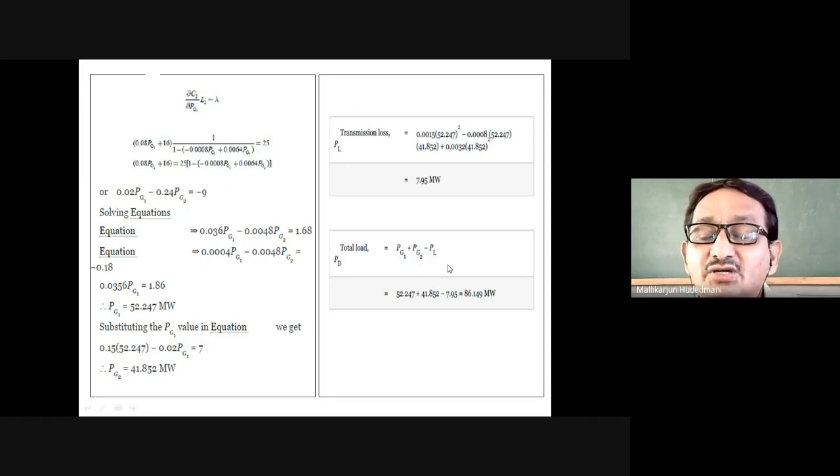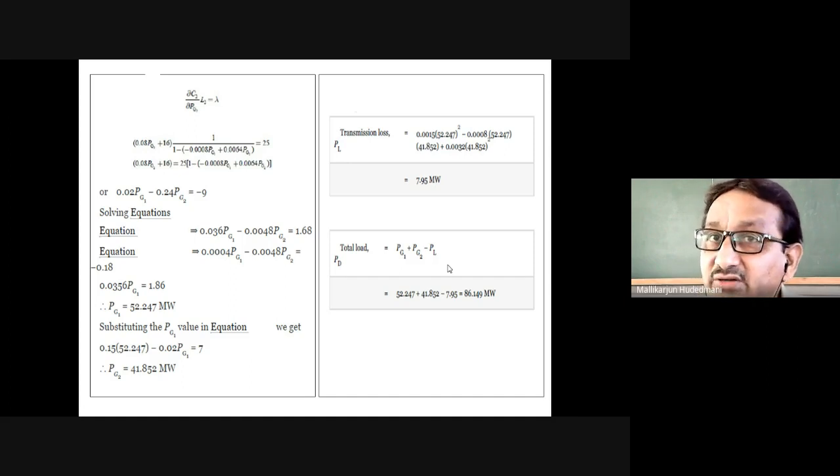This is the ideal situation. When economic scheduling was worked out by the generators with the penalty factor concept, the total generation was exactly equal to demand plus loss. Now we have the generations and we have the loss. If I take the difference, what I get is the total load.